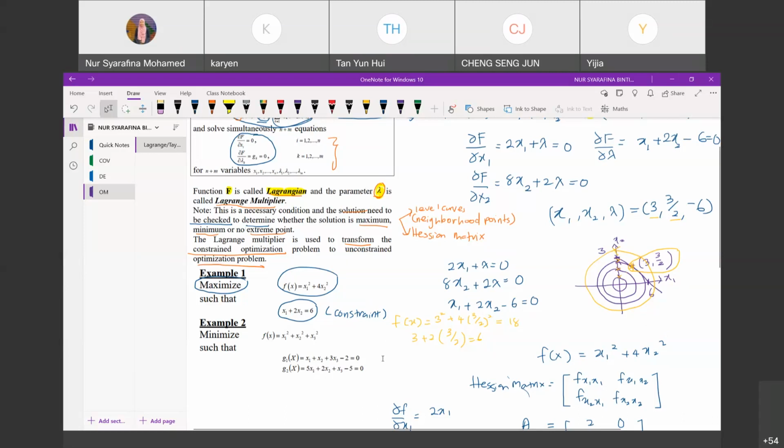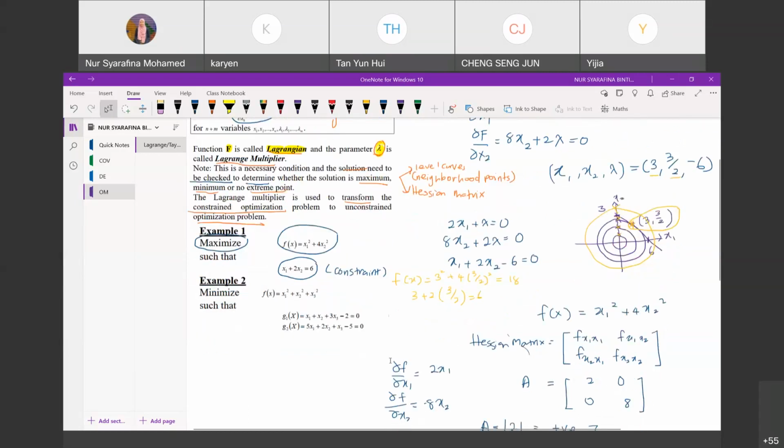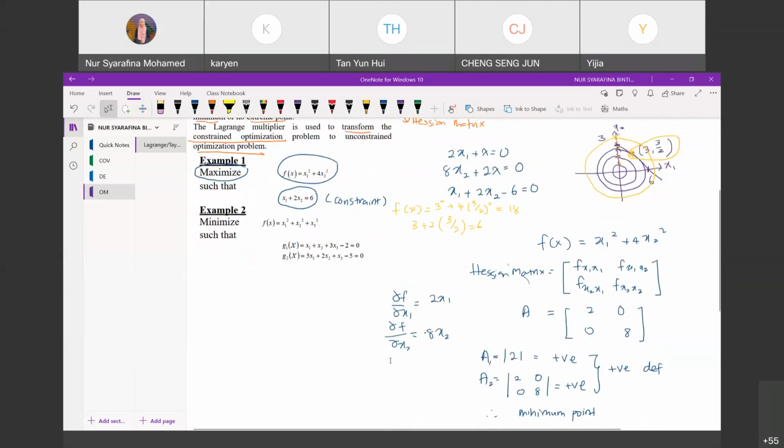Anyone has question? Okay, that one is for Lagrange multiplier.